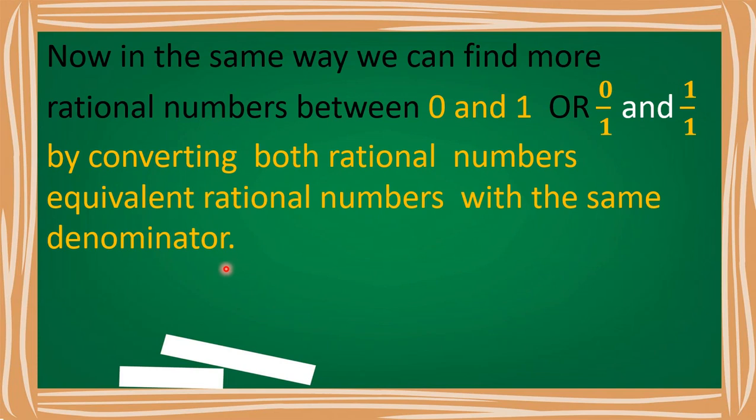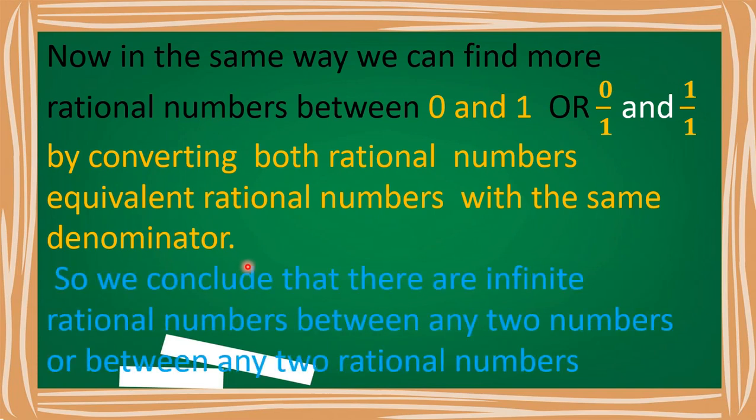Once we make the denominators the same, we can find the rational numbers. So here we can conclude that there are infinite rational numbers between any two numbers, or between any two rational numbers also.